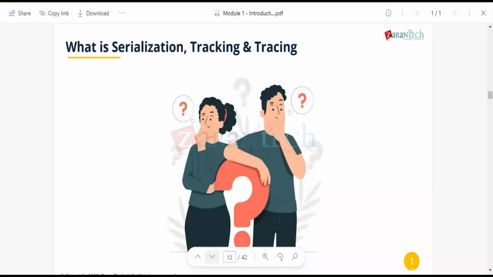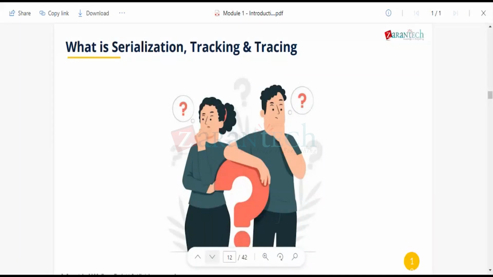Yes, serialization can be given to any material which counts as an asset for the company. They can have a unique number for that asset or product, and all the details can be available in reports at any time. Suppose my company has assets worth some crores, and if they are serialized, they can be easily trackable and traceable. That's why we consider an asset with a serial number.